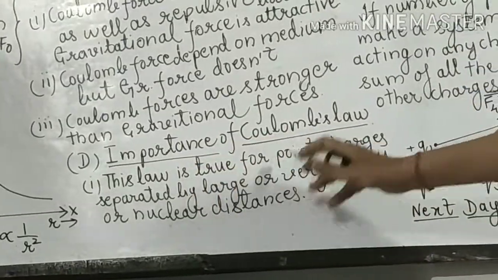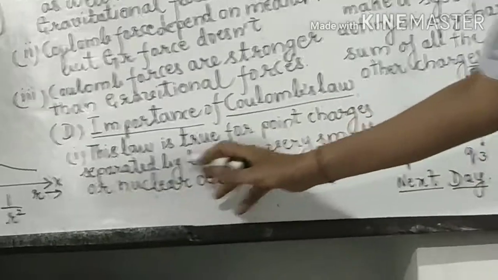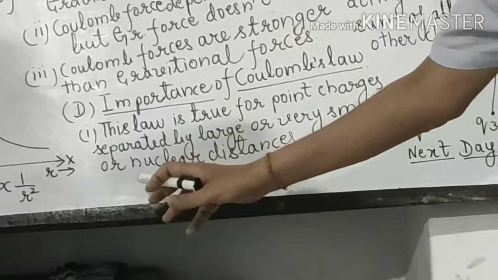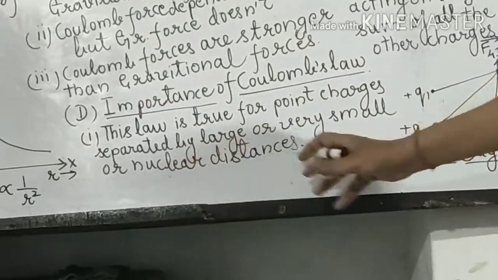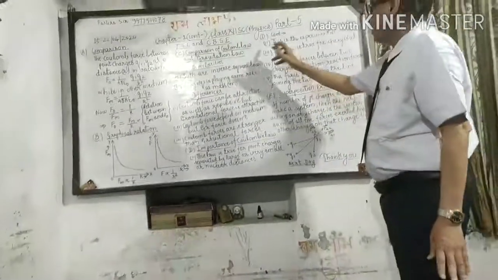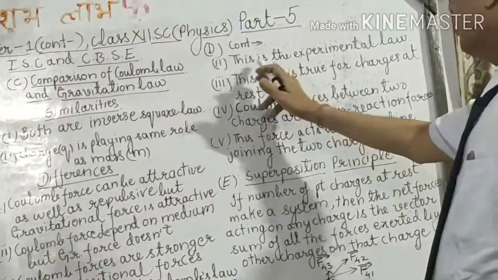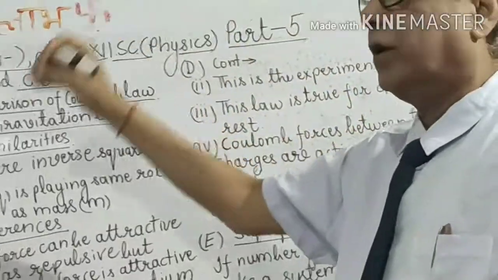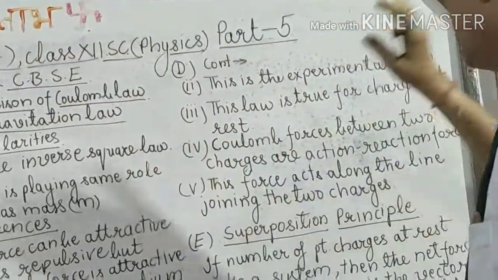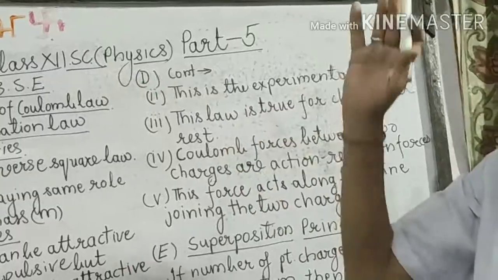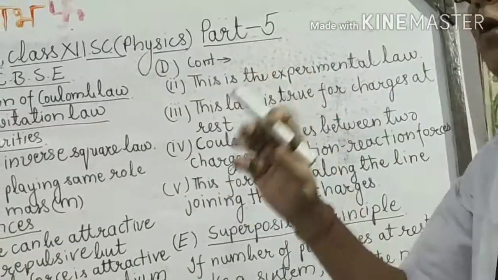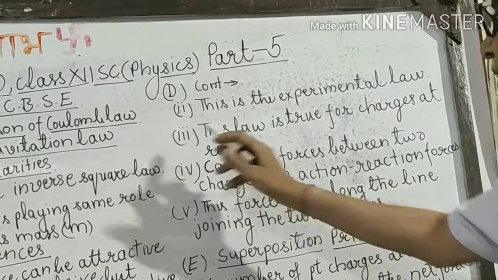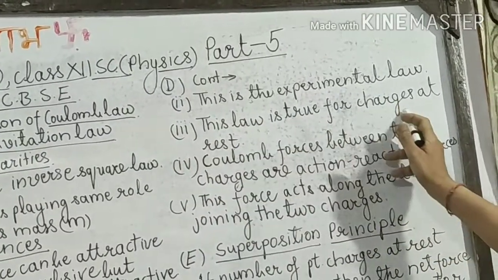So this law is true for point charges separated by very large distances or very small distances, even up to nuclear distances. The second is that this is an experimental law, because whatever values come according to Coulomb's law are according to the experiments conducted on different charges accurately.